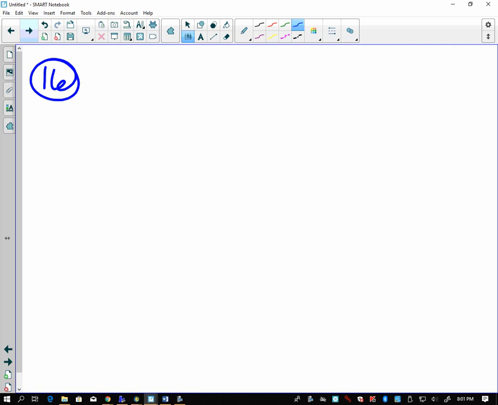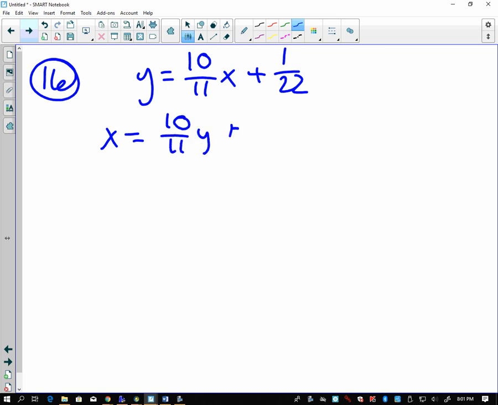All right, find the inverse function. We have y equals 10/11 x plus 1/22. Rule number 1, switch the x and y. X equals 10/11 y plus 1/22. Rule number 2, solve for y.